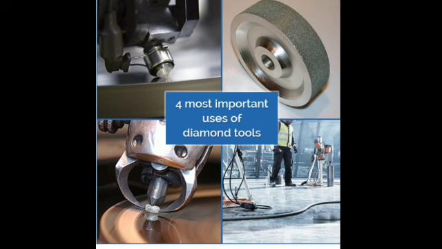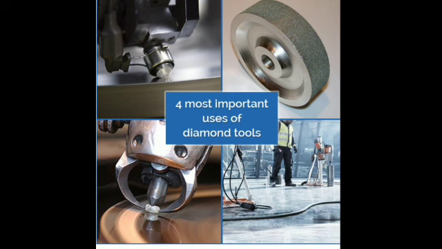It is also used in rock drilling equipment for drilling holes in the earth's hard rocky layers. It is so hard that it can make holes in the earth's crust. For cutting the rocks also, this diamond is used.